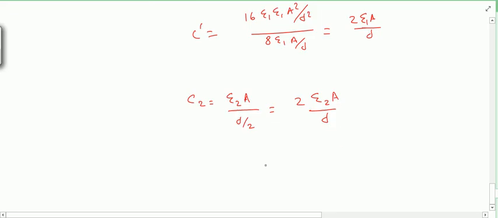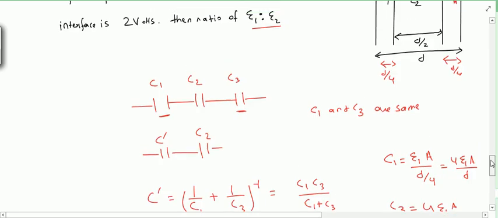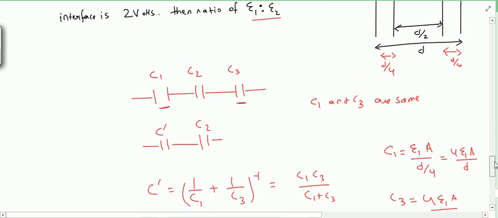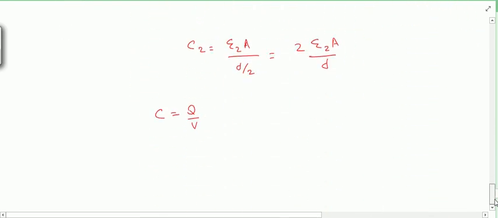Now, as you know, what is capacitance? Capacitance is charge divided by the potential between the plates. As they are connected in series, the charge is going to be the same for all. So you can say that capacitance is inversely proportional to the potential.